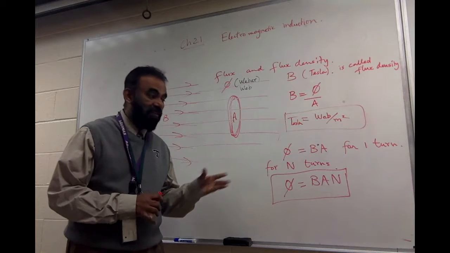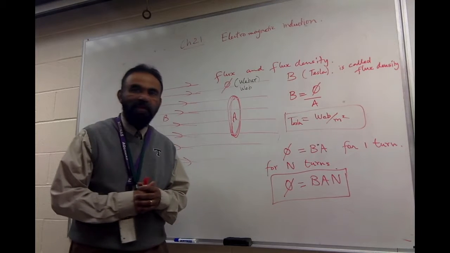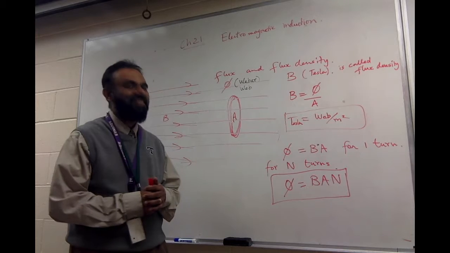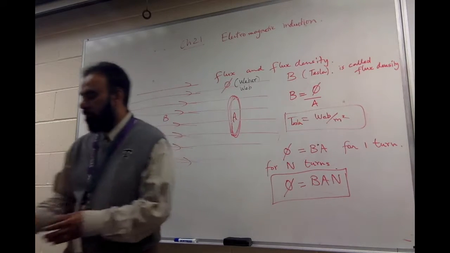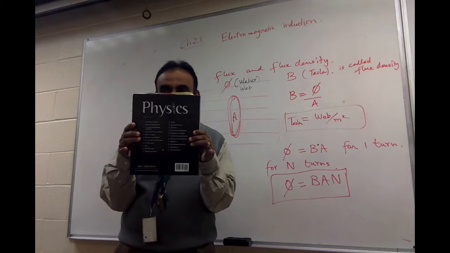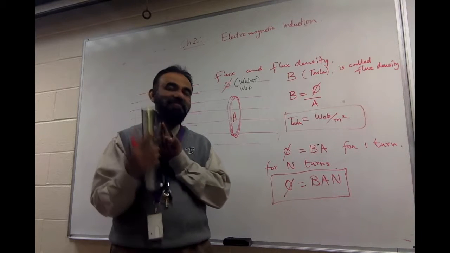And of course, there's another factor. It's not always going to be BAN. Because the coil, if the coil is placed like this, you see the entire area. But if I keep it like that, you don't see any area.